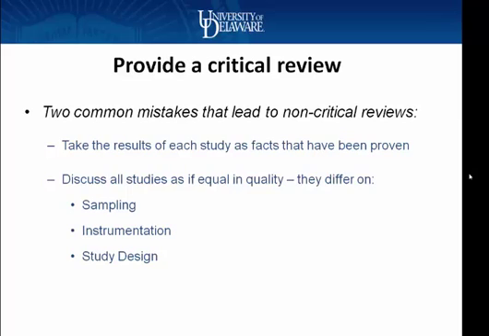One of the other mistakes people make is taking the results of each study as a fact that's been proven. Remember that a theory is a theory because it's providing guidance on relationships amongst variables. So it's a theory or a hypothesis because it hasn't been proven. And there really aren't a whole lot of things that have been 100% proven.